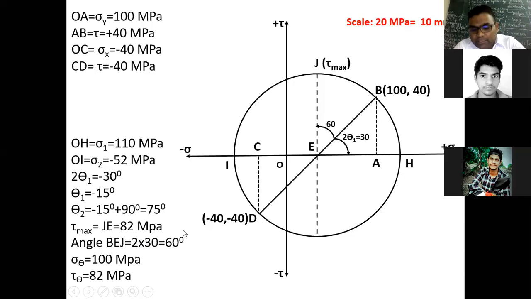In the next slide, measure that angle, 60 degree, just double it here, 120, from this plane, and wherever it comes, corresponding to that you calculate the value of sigma theta and tau theta.